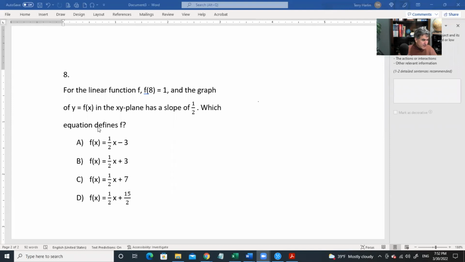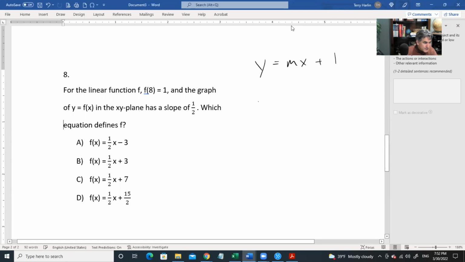All right, let's take a look at this equation, also a function. And the question is, which equation defines f? What do we notice about the answer choices? They are all in the form y equals mx plus b, again, where y is going to be f of x.